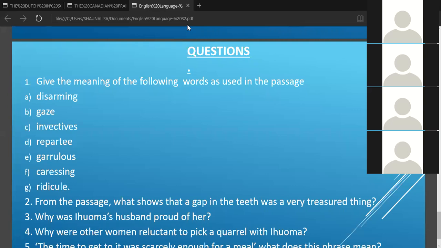Then the next one, gaze. The meaning of gaze. To gaze means to look at someone intently or to look at someone for a while.